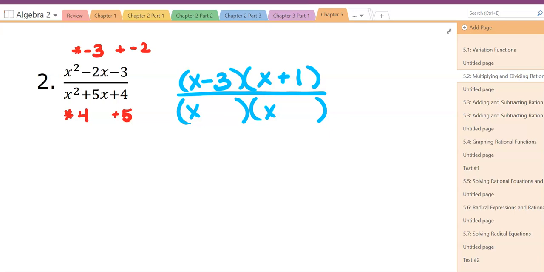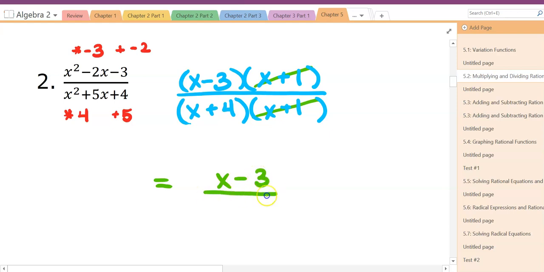And then on the bottom, your two numbers that multiply to 4, add to 5, would be 4 and 1. So you'd have x plus 4, x plus 1. Now I see that I have x plus 1 on both the top and the bottom, so those can cancel. And I'm left with x minus 3 over x plus 4.